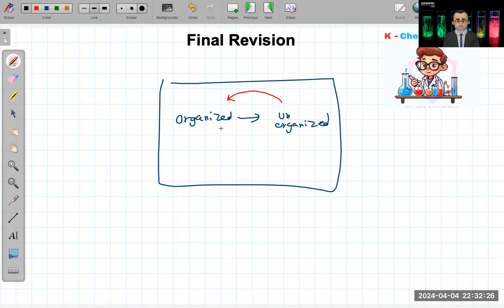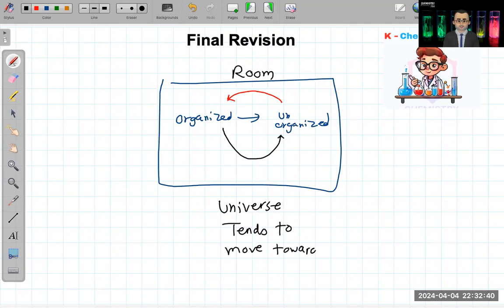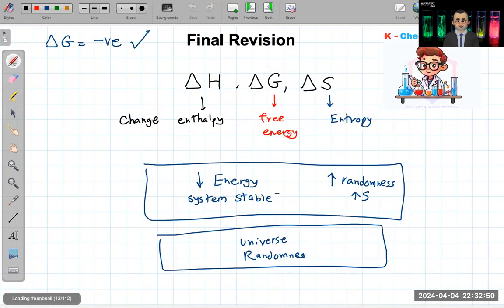It's not only your room, but the whole universe is like that. It tends to move towards randomness. This means that S is usually increasing. So in any system or any reaction, the system usually tends to increase randomness, because the whole universe tends to do that, and to decrease the energy because this makes it more stable.